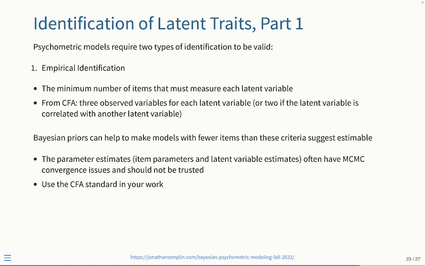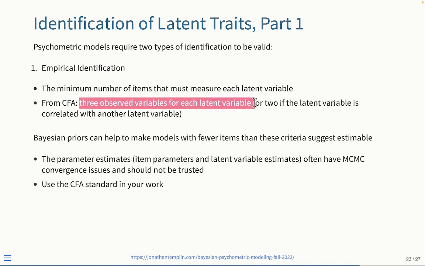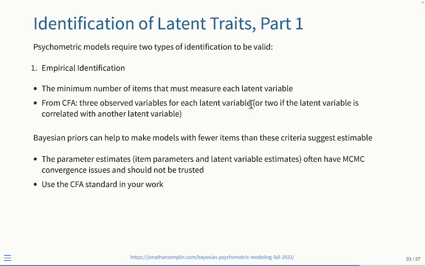And so what we have to do is to make sure that the number of parameters in our model does not exceed the number of parameters in that multivariate normal distribution for the data. And to do that, basically we need 3 observed variables for each latent variable by themselves. Or if you have multiple latent variables, one of those latent variables needs 3, and the others need 2, and the latent variables need to be correlated with each other. So it's a set of minimal constraints.